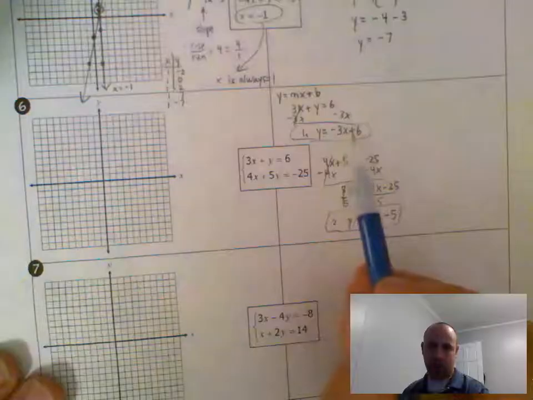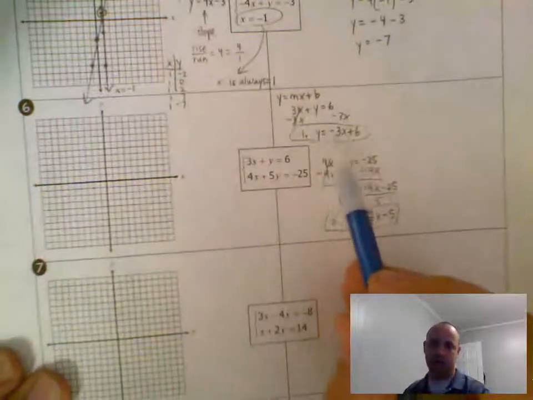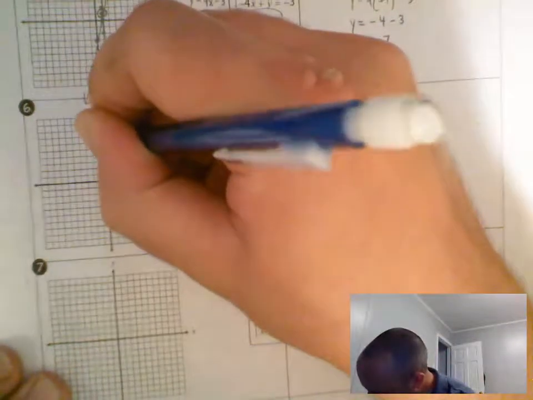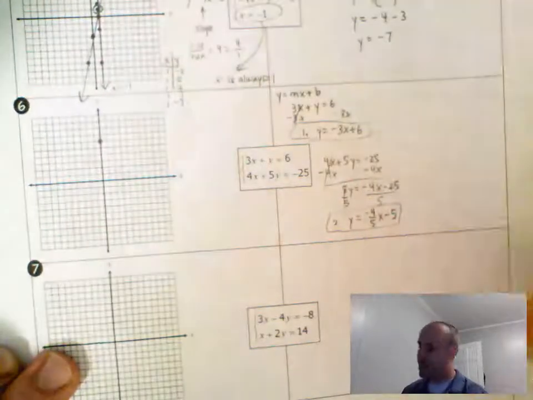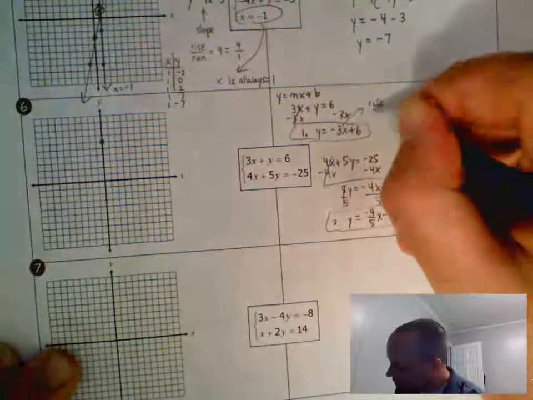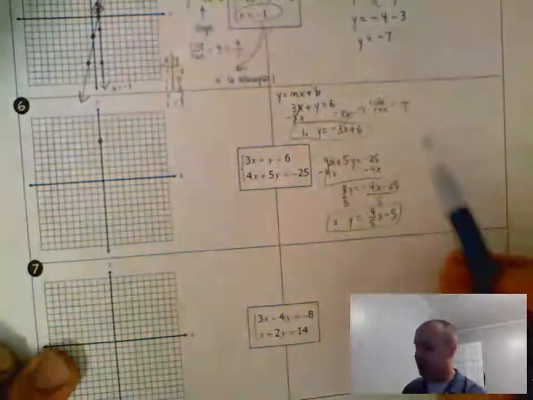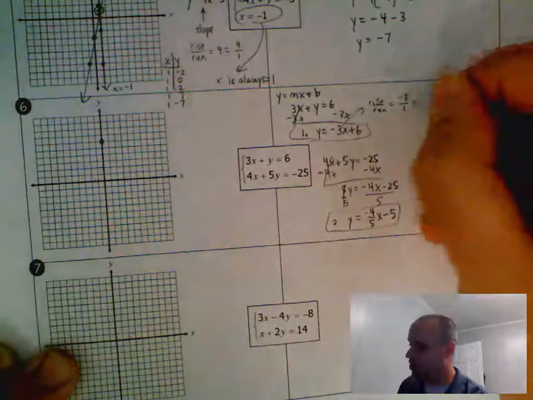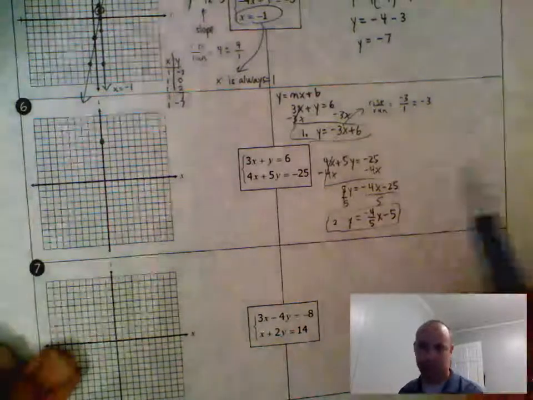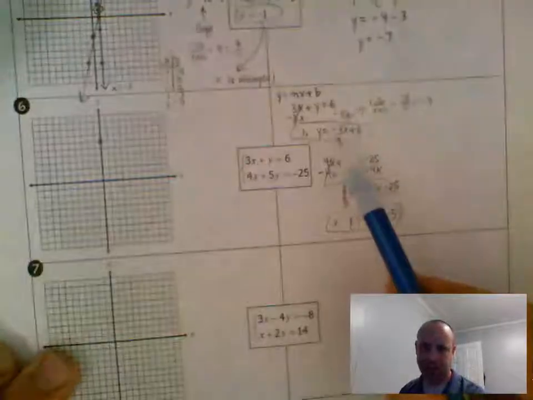So on the graph side of things, this one crosses at plus 6. Y equals blah, blah, blah, plus 6. So 1, 2, 3, 4, 5, 6. So there's our dot. And then the negative 3x is our rise over our run. So if we were to run 1, I always like to make that a 1, then we would rise negative 3, because that produces a slope of negative 3, which they're telling us right here.